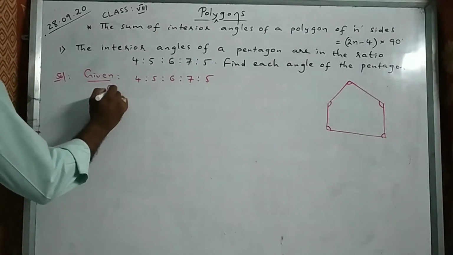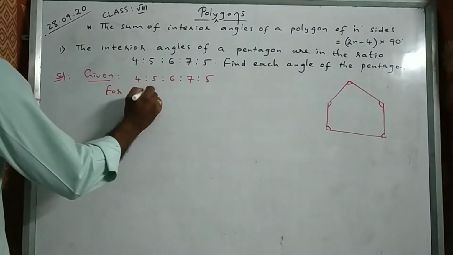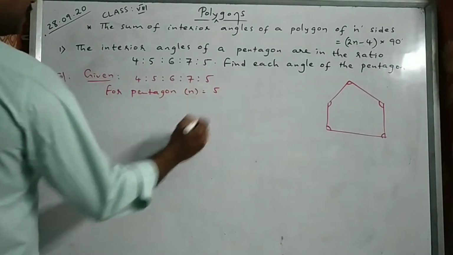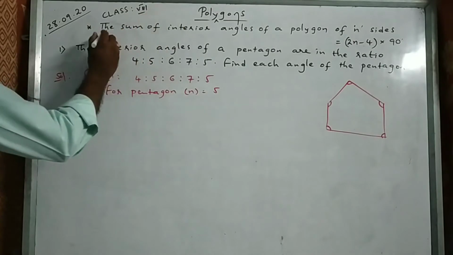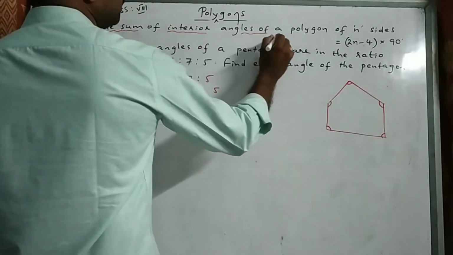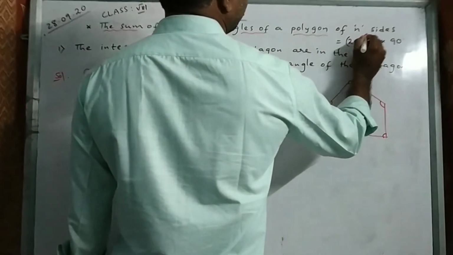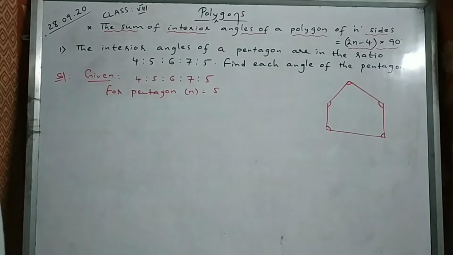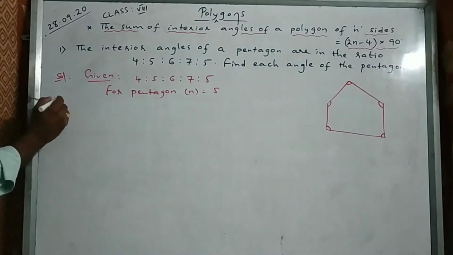For a pentagon, how many sides are there? n equal to 5, right? So I know the formula here. The sum of interior angles of a polygon of n sides is (2n minus 4) into 90 degrees.